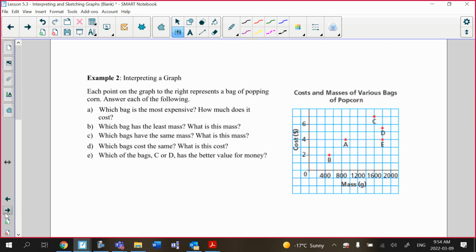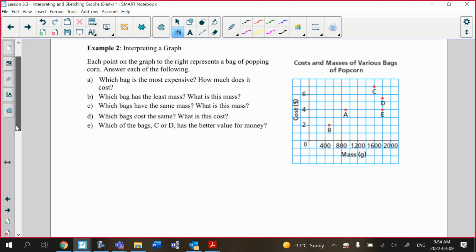So for this one, the relationship is between the mass of various bags of popcorn and the cost. And notice here, it's a series of points. They're not connected. Why would they not be connected? Can you think of why?